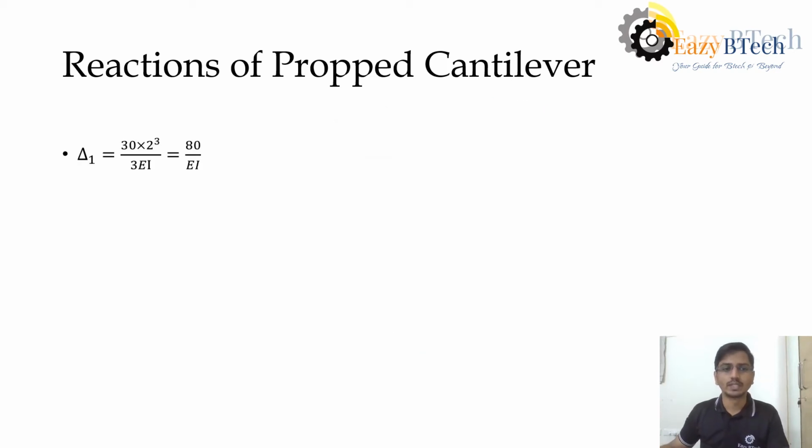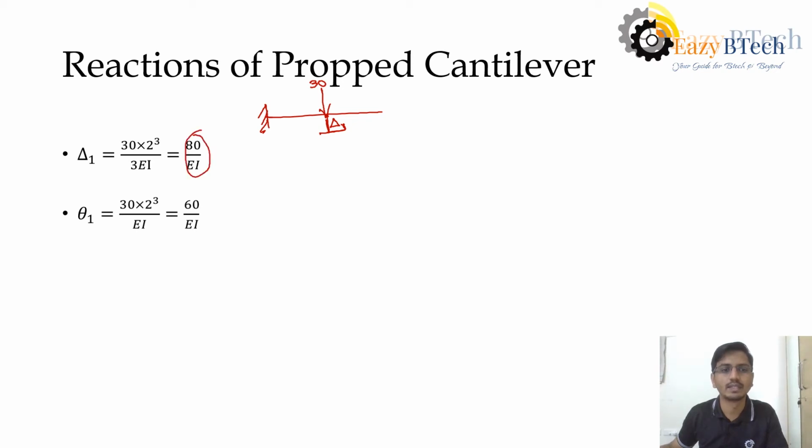So we are substituting the values here. Delta 1 is the deflection at this point under my 30 kilonewton load. After substituting, we get 80 by EI.